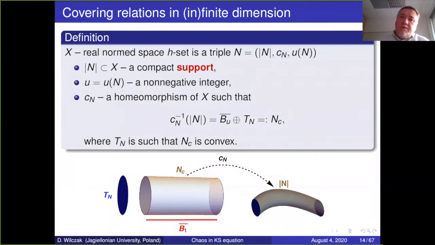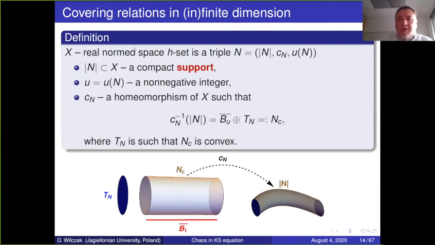I'm going to recall this method, but it will be given for the infinite dimensional setting, and I'm going to mention the differences between the finite dimensional version and the version for infinite dimensional maps. So I'm going to define some geometric object.